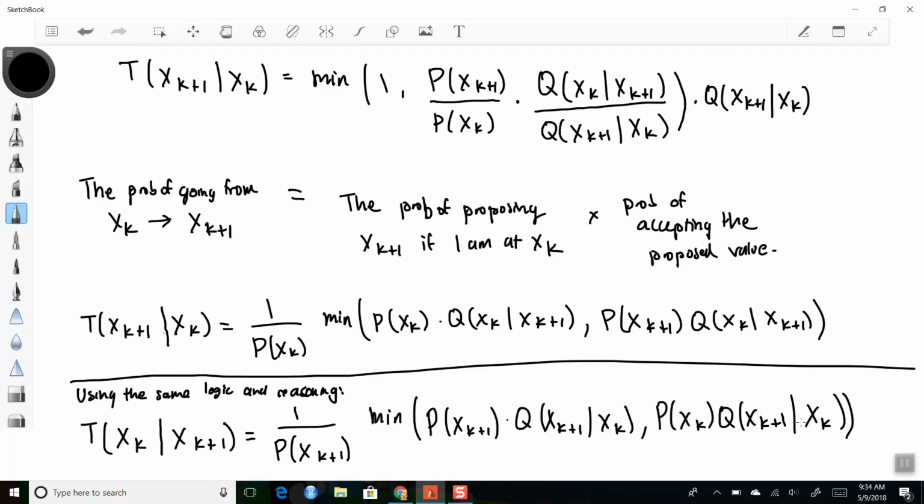All right. And what we notice is that this term and this term, these two terms are exactly the same. Oh, wait, no. Hang on. No, they are not. Sorry.